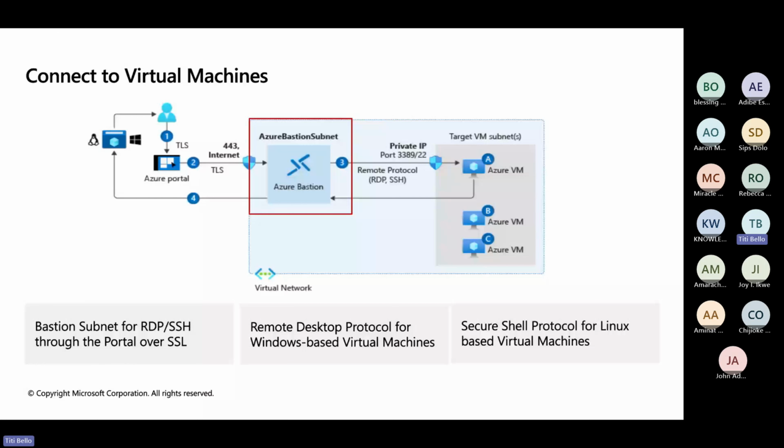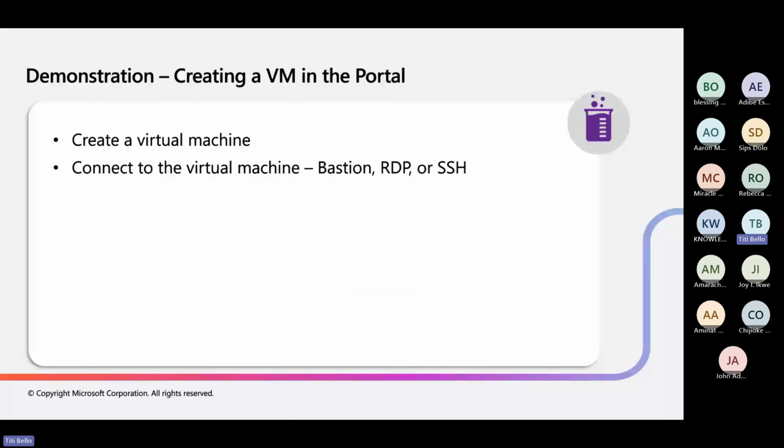But you can use the Azure Bastion. You can also use SSH to connect. The SSH is for Linux based. The remote desktop is for Windows. The Bastion is not really used now because it seems to be phasing out. So that's why I didn't bother going through that.